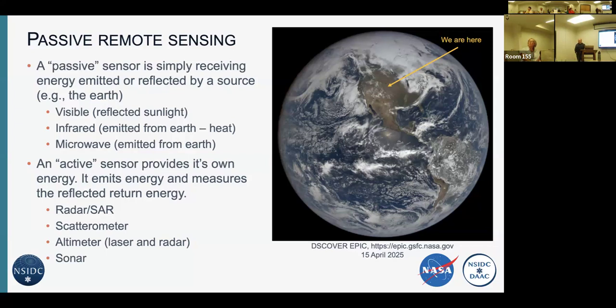If you get pulled over for a speeding ticket, that's an active sensor measuring your speed. If it was passive, you'd probably get away with it.